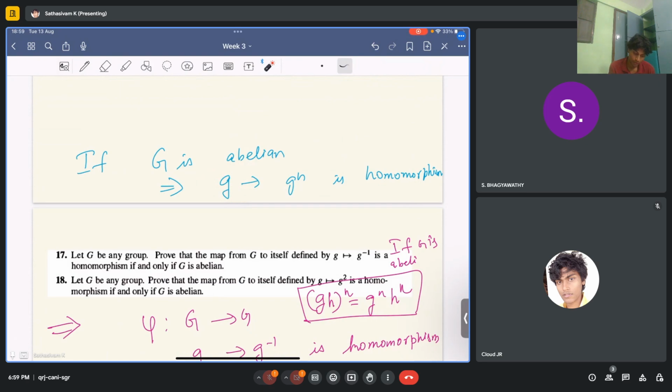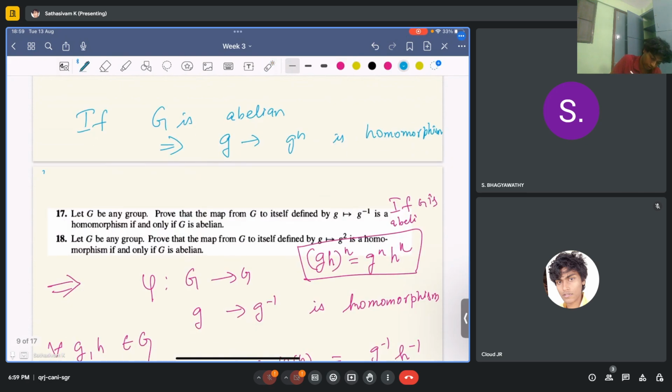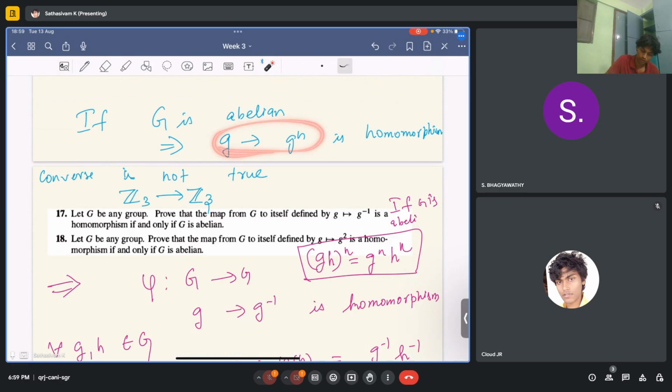The converse is true if n equals 2. Otherwise, the converse need not be true. For example, if you want a counterexample, I will write here: converse is not true. Take G as Z3, and consider this map.